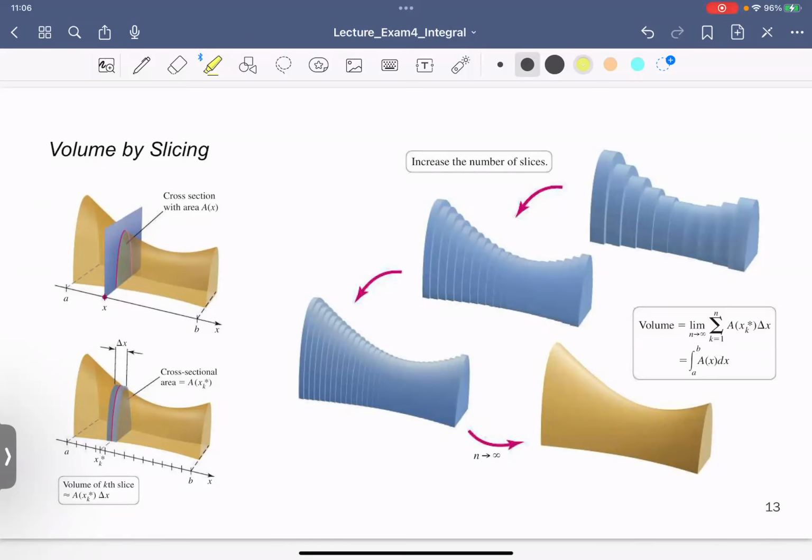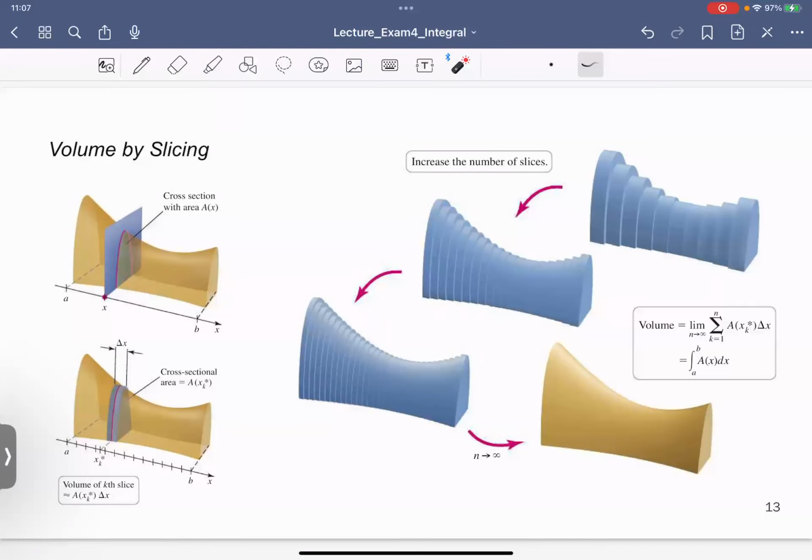Last time we learned how to calculate the area, but this time it's going to be the volume. Imagine that you have a solid like this. This solid is special because when you cut the solid by a plane here, you get a cross section, and that cross section has the same shape for the entire solid.